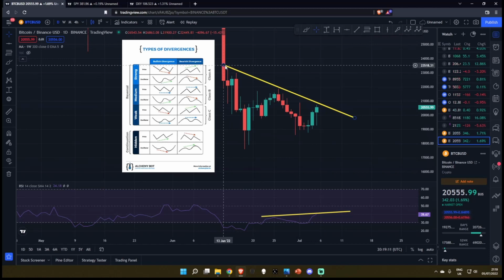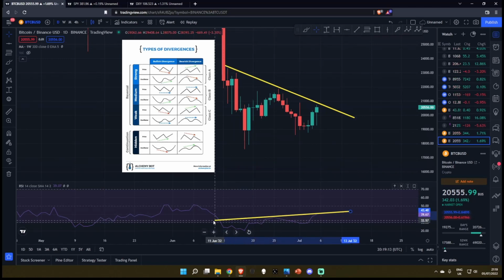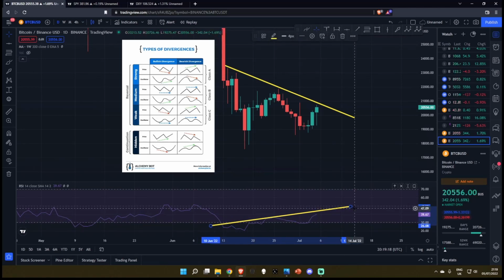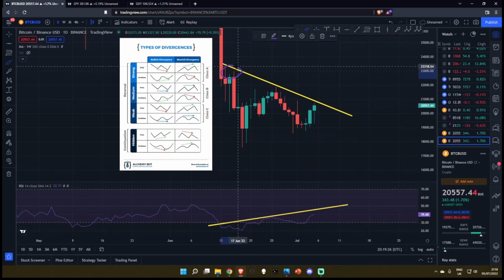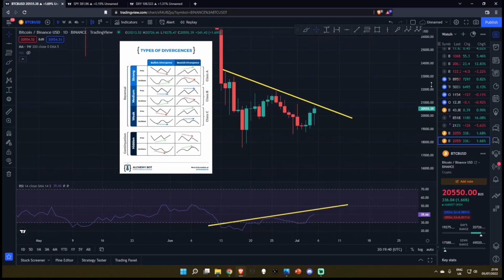So if we extrapolate the hidden bearish divergence back on the price action, and if we extrapolate the hidden bearish divergence back on the oscillator, you can actually see, once again, line of best fit, that since the 15th of June, which is round about this region and round about this region over on the RSI, the price has been making lower highs and the oscillator has been making higher highs. So once again, if we extrapolate the trend back, we have an even larger hidden bearish divergence playing out on the chart right now. Once again, you can reference this over on the divergence cheat sheet.